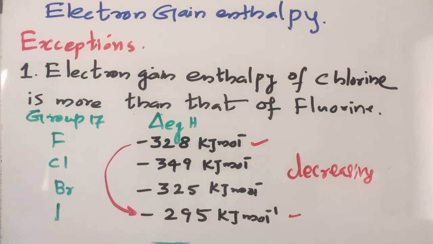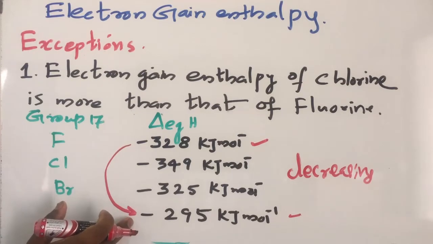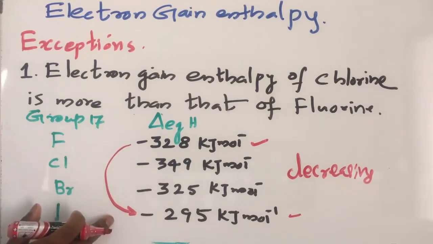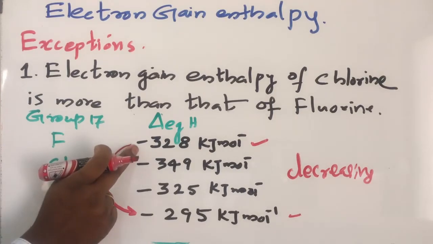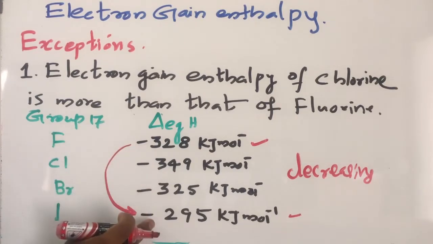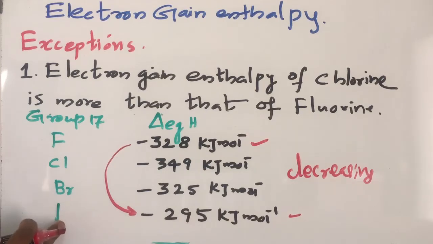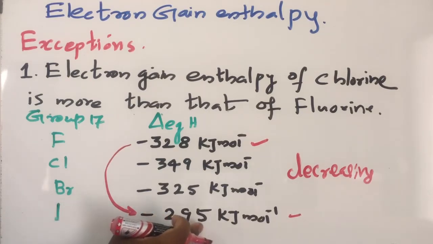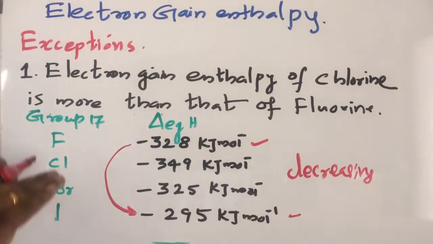The previous class clearly explained that from top to bottom electron gain enthalpy will decrease in a group. So here also, minus 328 is a high value, minus 295 is less negative, and iodine possesses very low electron gain enthalpy. This is about the general trend.